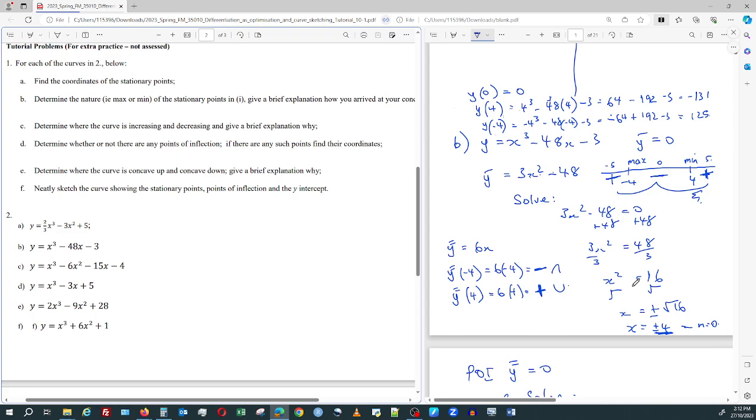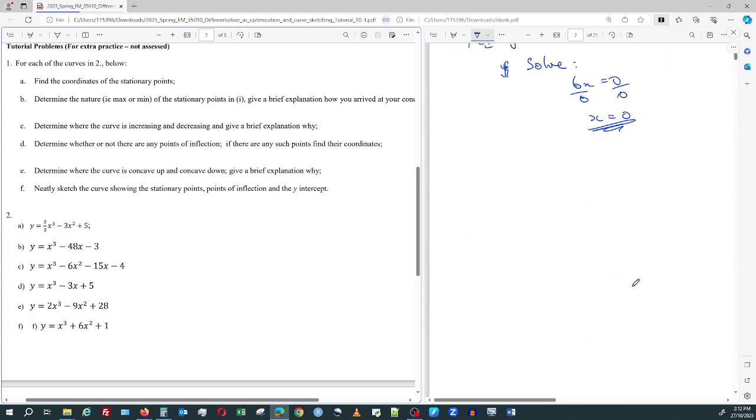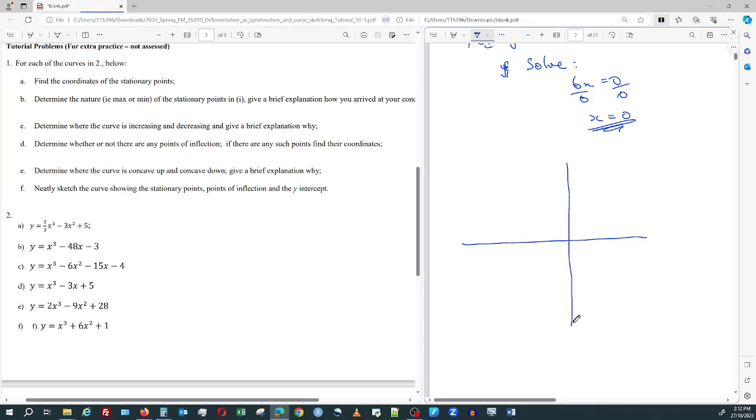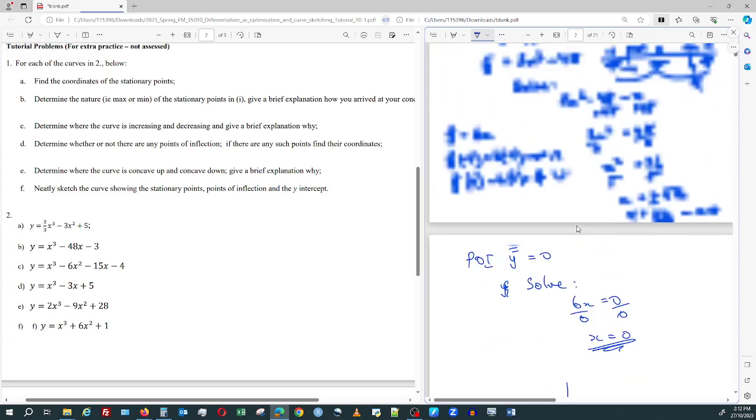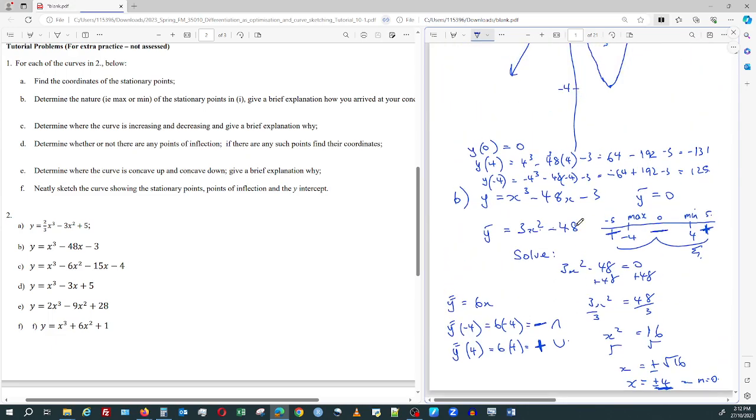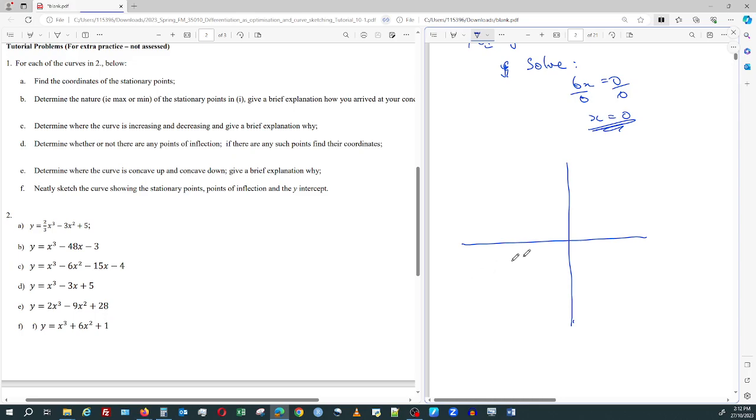Okay, so when we go and draw this now, we've got some pairs. So we're able to put some information in. We've got quite a big scale there. So we've got y of 4 is minus 131.